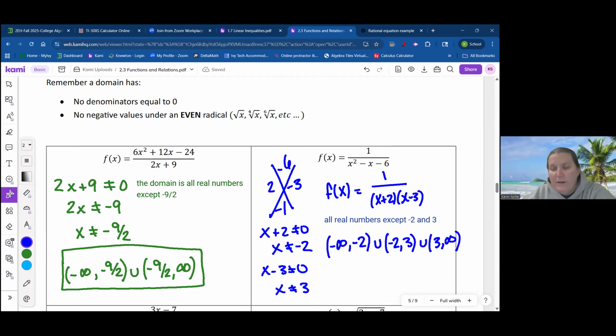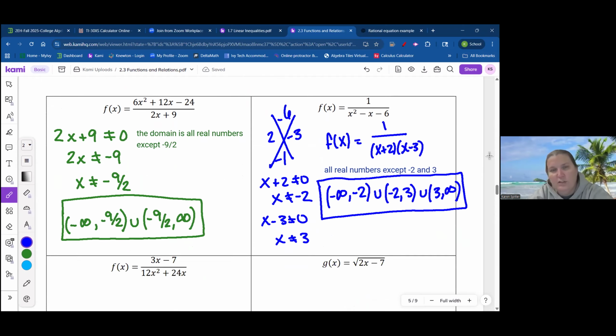So I've hit every number between negative infinity and positive infinity except negative 2 and 3. Questions on that one?